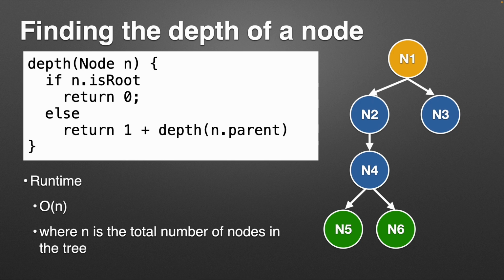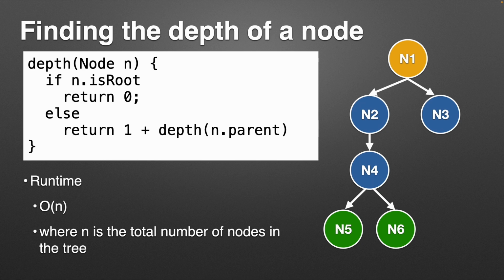Good? Go through the pseudocode again? Yeah. So what we're going to do is take as an input to this function any node in the tree. Then first we check if it's the root. If we fed in the root node, n1, its depth is 0 because it's at the top, so we just return 0. But let's say it was n3.